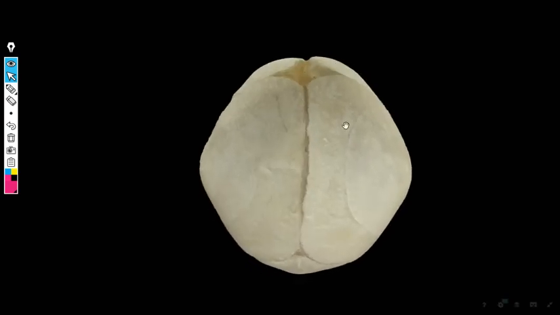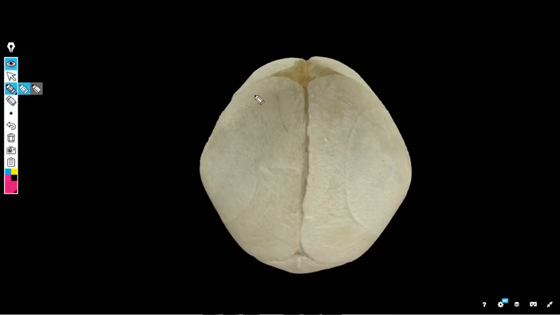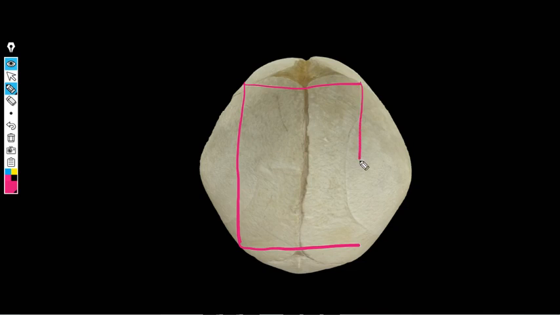So this part makes the vertex, so-called vertex. Vertex is a rectangular area of the skull which is bounded anteriorly by the anterior fontanelle, posteriorly by the posterior fontanelle, laterally by imaginary lines in the parietal, just medial to the parietal eminence.